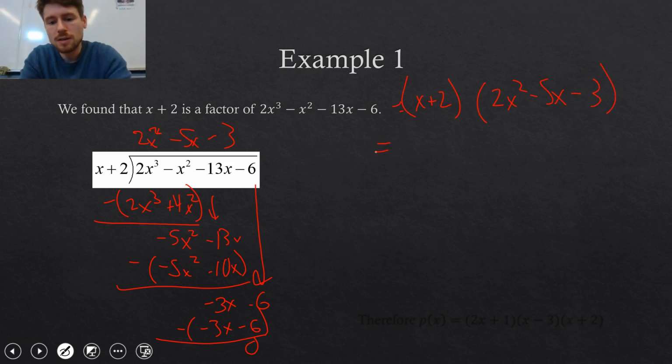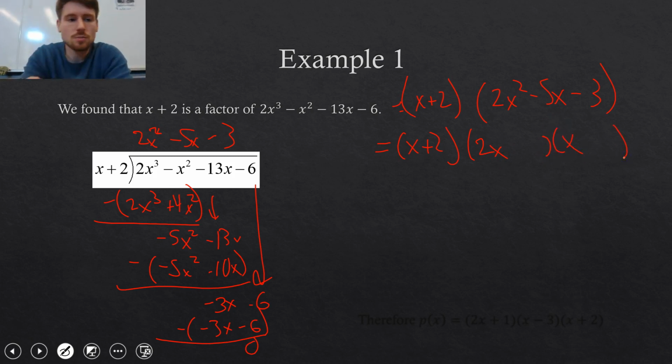And this quadratic we can factor using our quadratic factoring techniques, namely the guess and check method. 2x and x need to be the first two terms, and then I need numbers that are going to multiply to get -3, and I can see right away that this is -3 and this is +1, because 2x times -3 is -6x, and 1 times x is 1x, and -6 plus 1 is -5, the middle term.